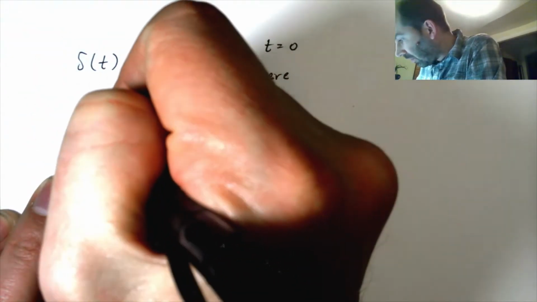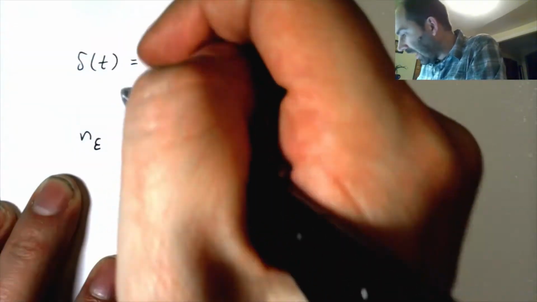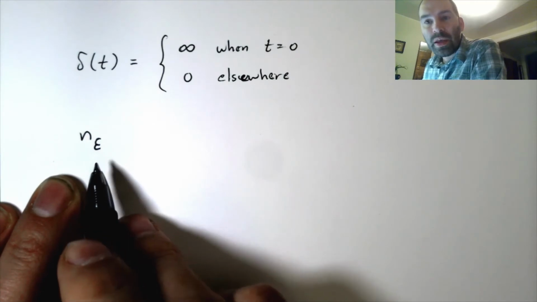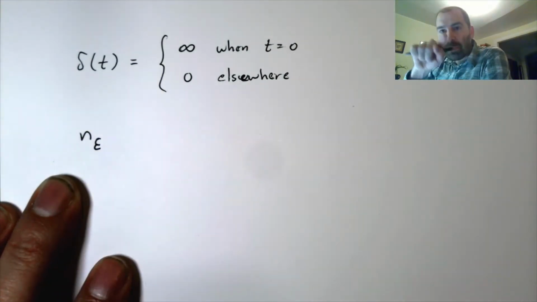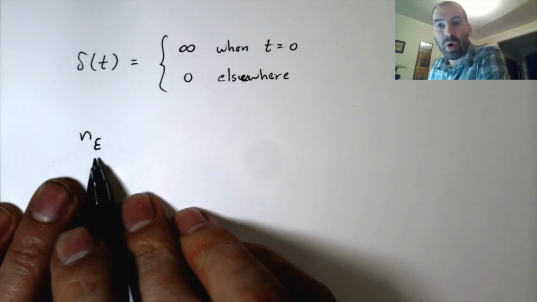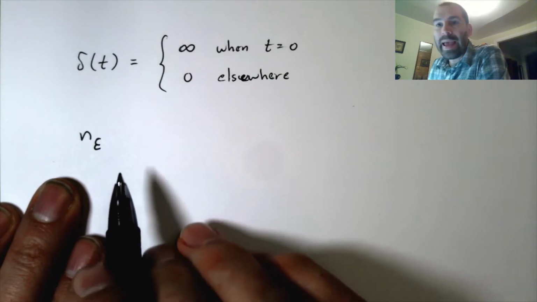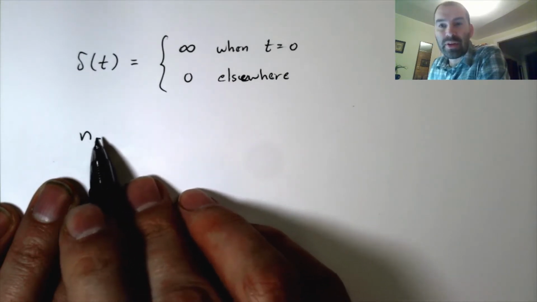Okay, so I'm going to denote this bump function with a parameter epsilon. And this is going to be a bump function. It's going to look like a little bump. And the properties that it has is that the area under the bump is equal to 1. It's a positive function. And the width is given by epsilon.